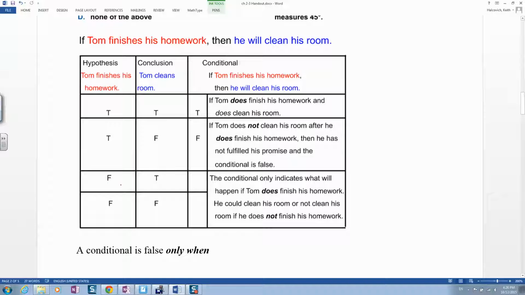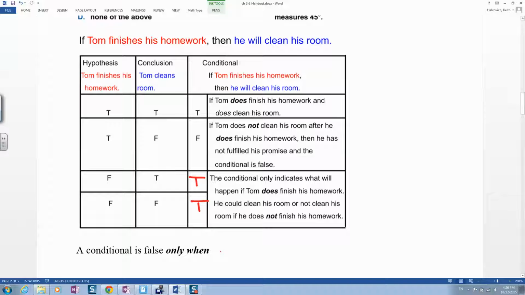If the hypothesis is false but the conclusion is true, then the conditional is true. Same with the hypothesis false and the conclusion false, then the conditional is true.